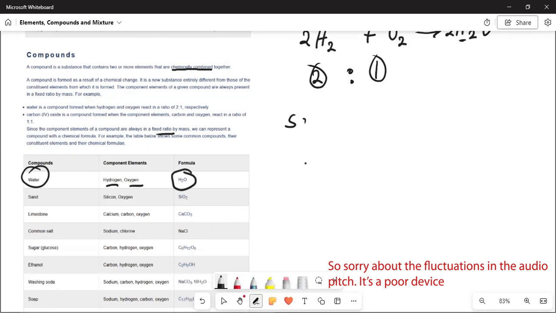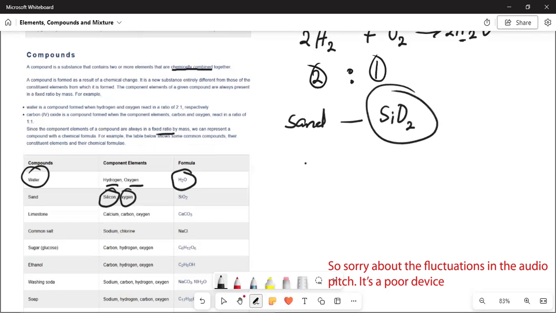Also, sand is a compound. Sand is made up of silicon and oxygen present in fixed ratio by mass: 1 mole of silicon to 2 moles of oxygen, or 1 atom of silicon to 2 atoms of oxygen. So the chemical formula for sand is Si for silicon, and O2.